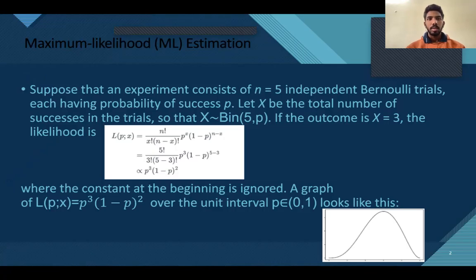Maximum likelihood (ML) estimation. Suppose that an experiment consists of n equal to 5 independent Bernoulli trials, each having probability of success p. Let x be the total number of successes in the trials, so that x is distributed binomial(5, p).